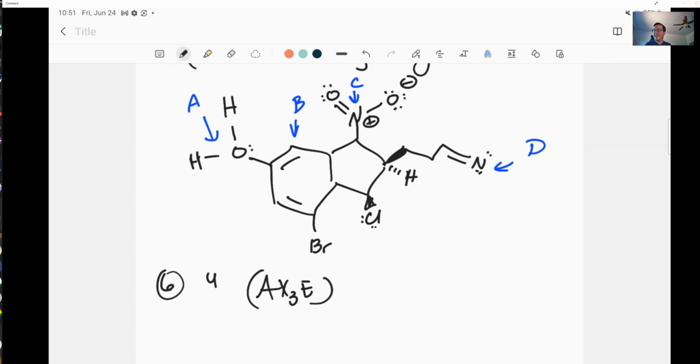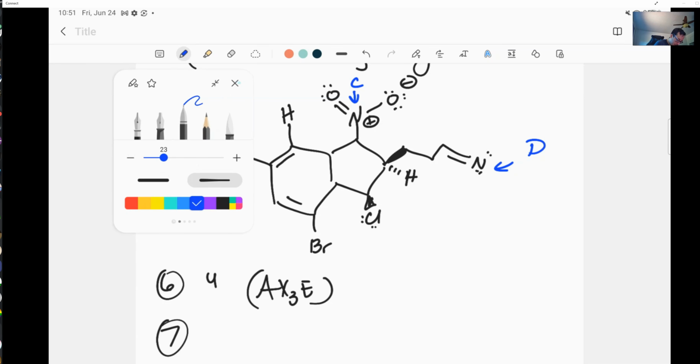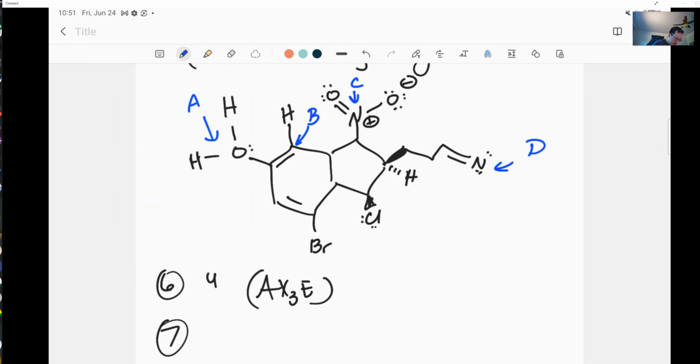All right, bond angle on carbon B. Because we've already got it elsewhere, I will draw in our hydrogen just so we can more clearly see that. In order to find out bond angle, we want to look at the geometry, right?